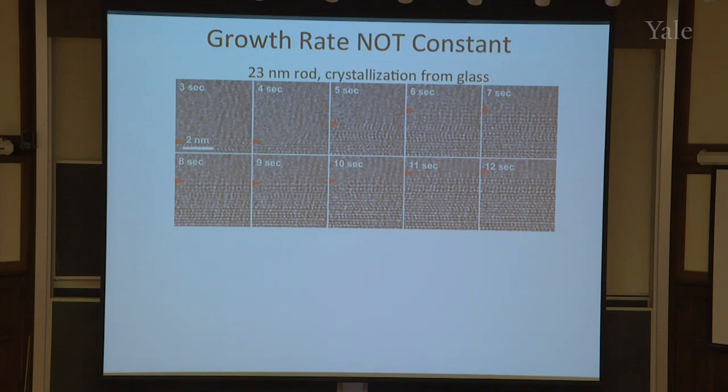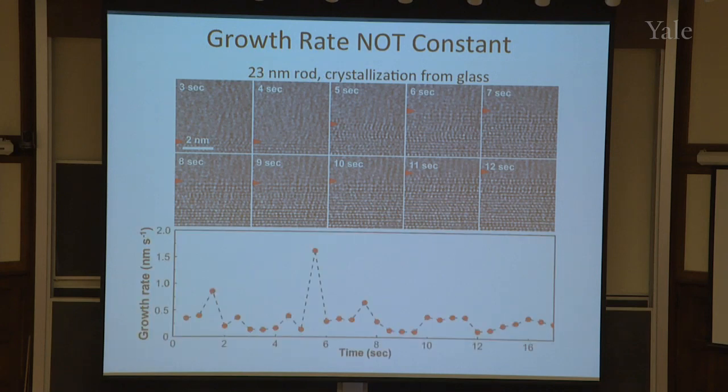I expected the rate at which the crystallization happens to be constant, because I'm sitting at 360 degrees Celsius. I'm not changing anything. So if you measure the growth rate as a function of time, you find that it fluctuates. It's not constant. This is very odd. This is not what I learned in high school. So why is that, right?